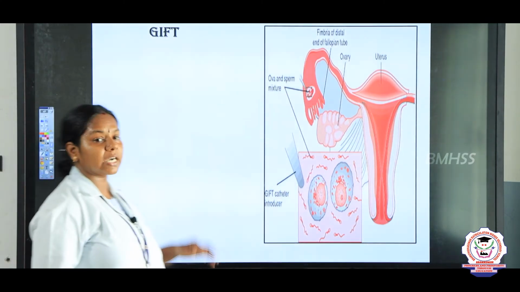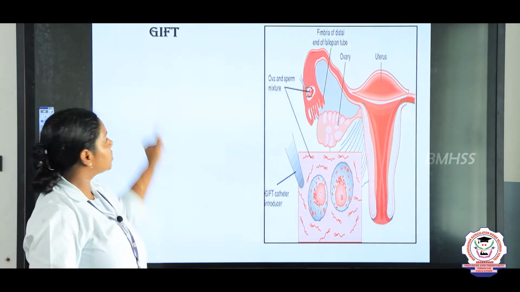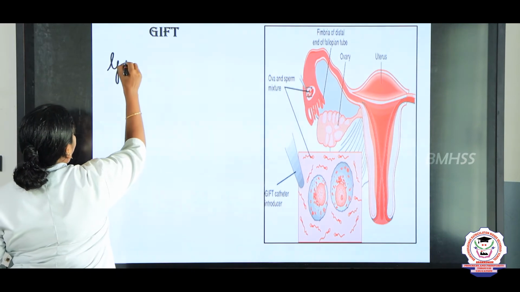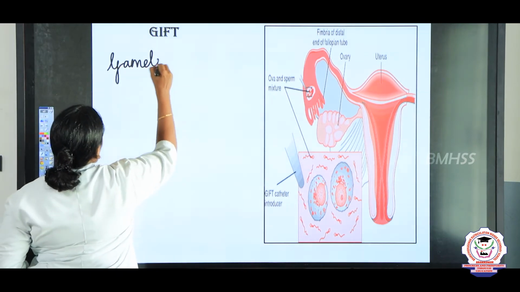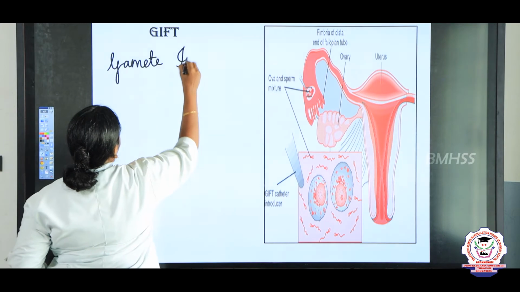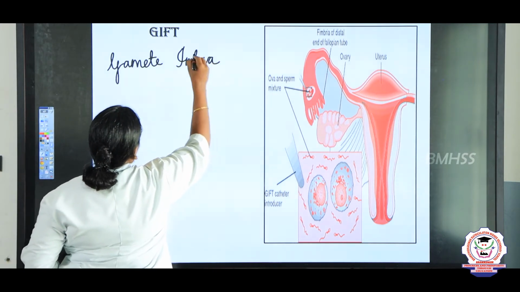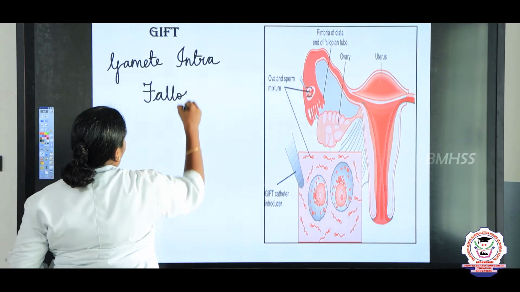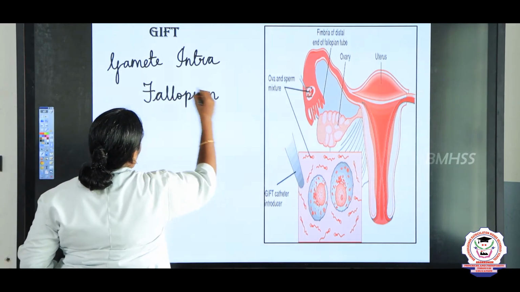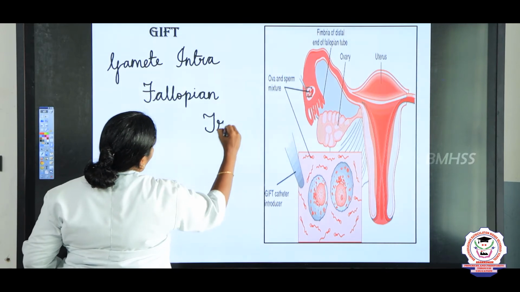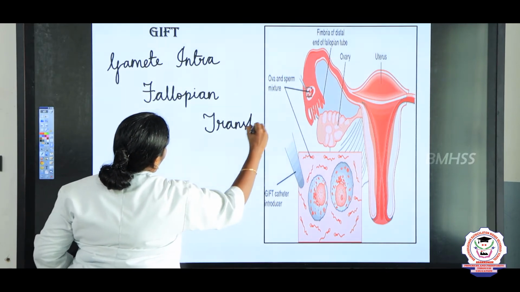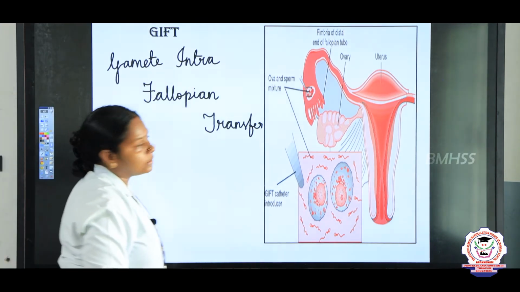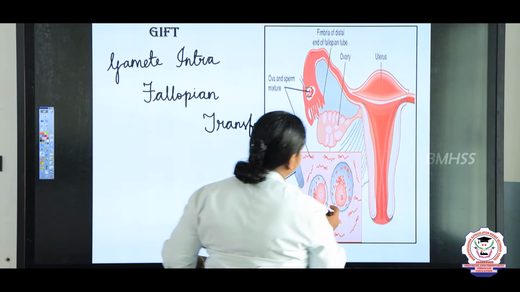Next we are going to study the GIFT, G-I-F-T, that is gamete intra-fallopian transfer. They are transferring the gametes into the fallopian tube. Just look into this picture, children.